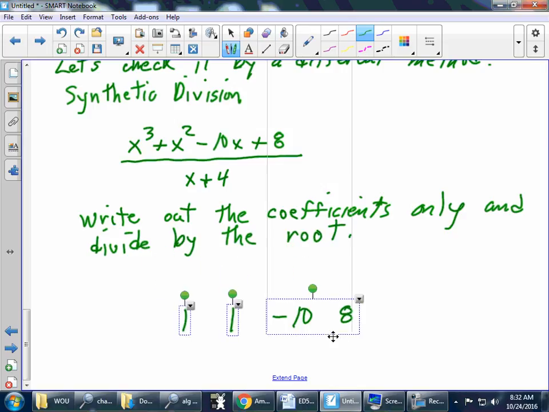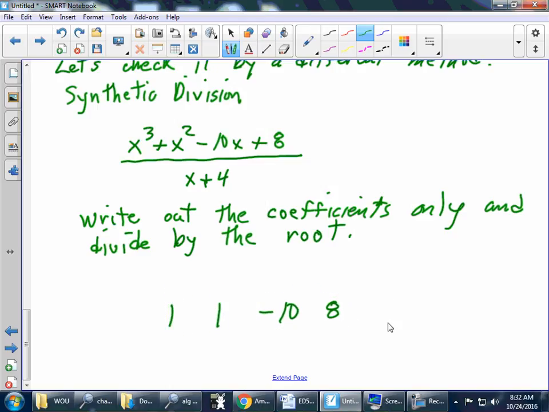Not the factor. This is the trippy part with synthetic division. We're going to divide by the root. What's the root? Okay, what's the factor?